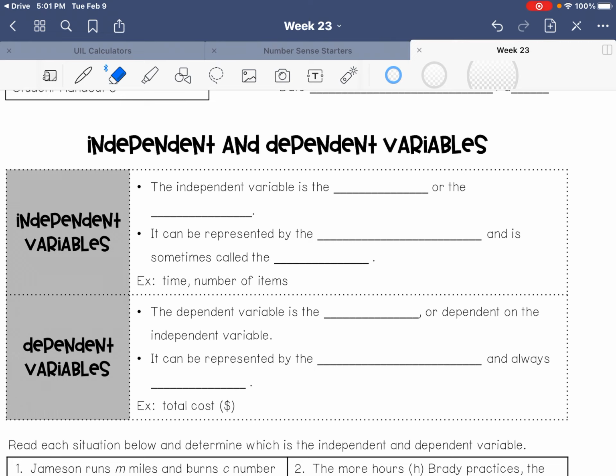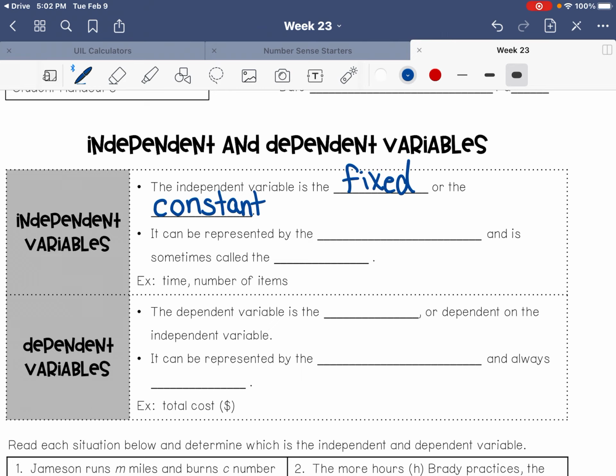The independent variable is what we call the fixed variable, or the constant. In other words, if this one doesn't exist, the other one will also not exist. It's the one that stays the same or is constant.